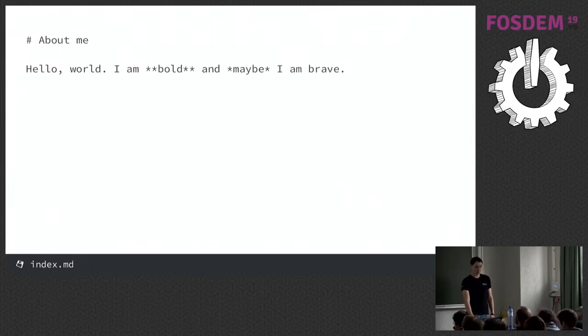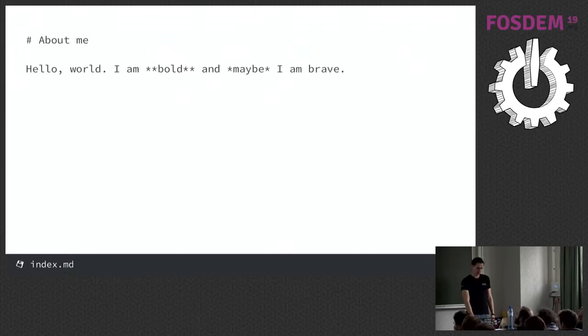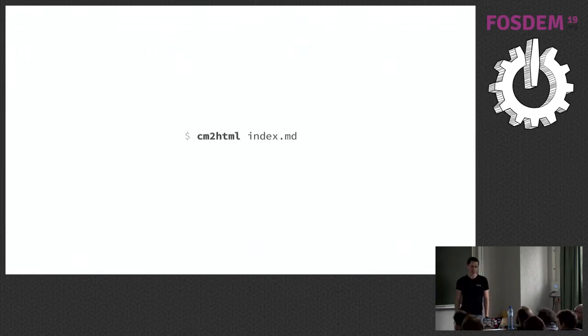Using these from docutils is pretty much the same kind of workflow. So the Markdown parser is provided using the recommonmark package. And that package provides this nice little commonmark to HTML tool, which works just like the rest to HTML tool, only you point it at a Markdown document, you run it, and it chucks out a load of HTML out the other side.